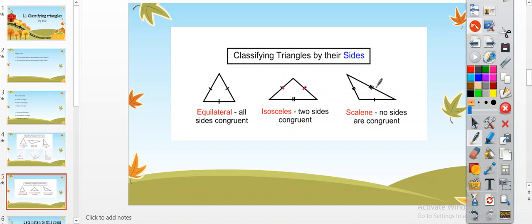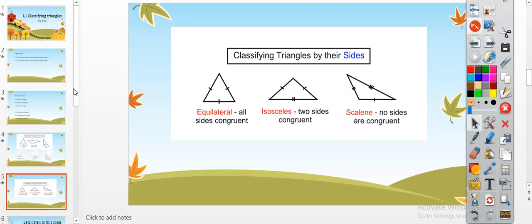Finally, I have a triangle that has no sides congruent. This one is different from this one, which is different from that one. This type of triangle is called a scalene triangle. It means that the measurements of the sides of the triangle are different.